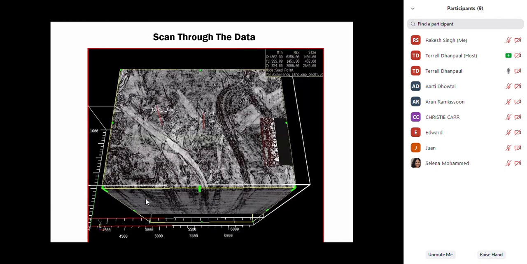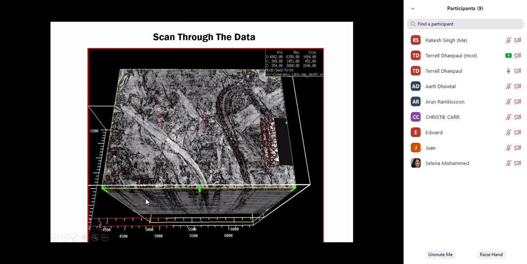And scanning through the data again, you have a cube of information now. If you want to find out the information on this type of data, it's a coherency cube. Coherency is just a type of attribute that you get out of the data. You take your original seismic data and generate this through a workflow.